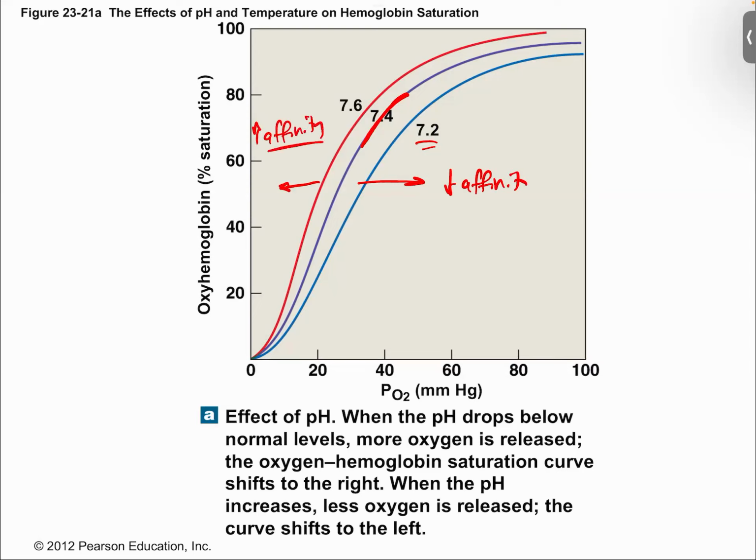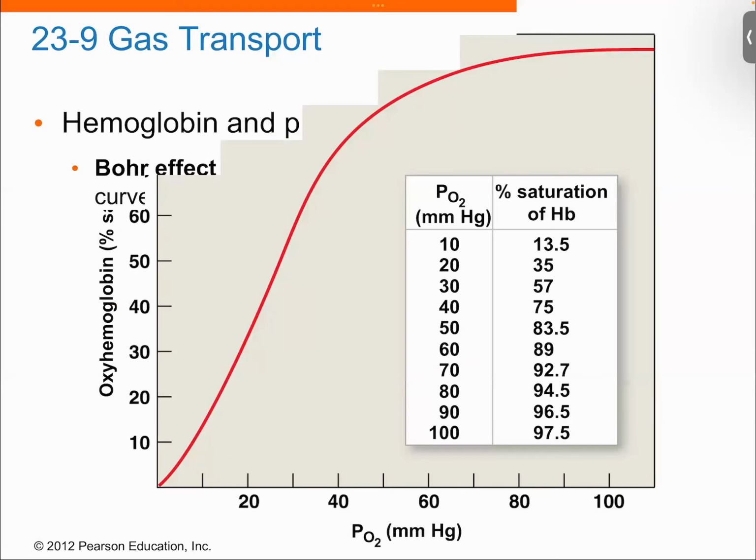You become more greedy for your substrate, and it shifts the curve to the left. Notice what's happening though. These pH changes are not huge changes. We're talking about less than 1 unit of pH change. Very subtle, very small pH changes will shift your affinity back and forth. It's one of the reasons why pH balance in your tissues is critical.